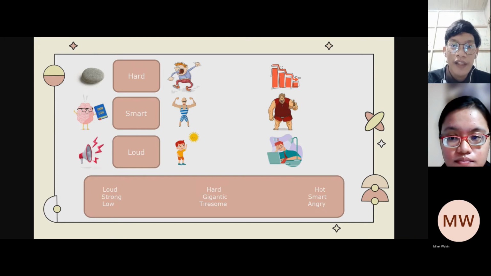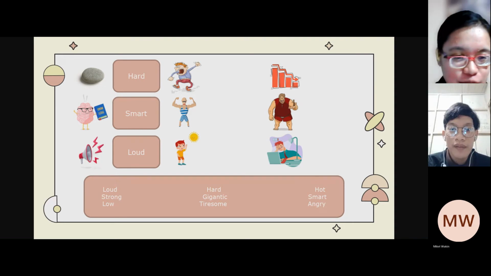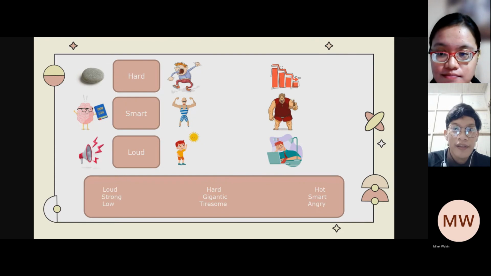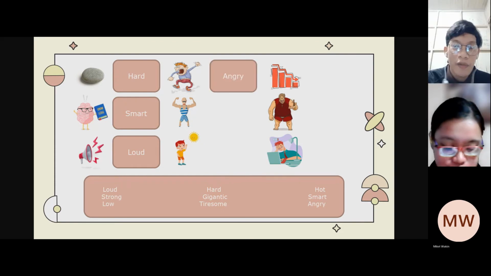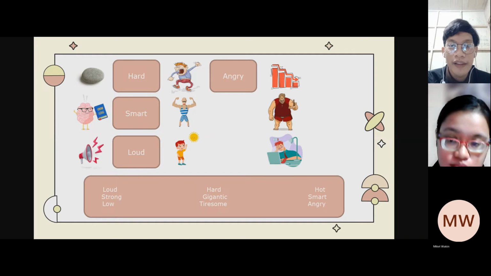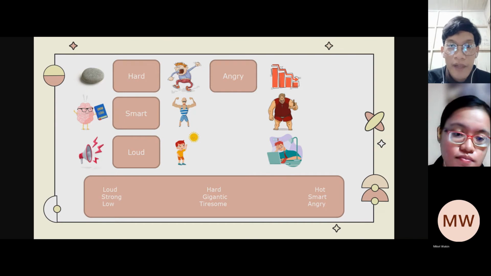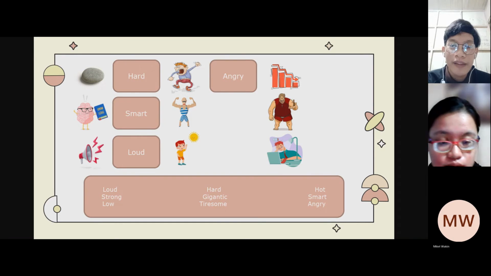And what do you think the answer, Miss Salget? I think this person is angry. Let's check if you are right. Yes, our adjective word in this image is angry. Well done, Miss Salget. And for our next image, we have here a person again. What do you think the answer, Miss Salget?